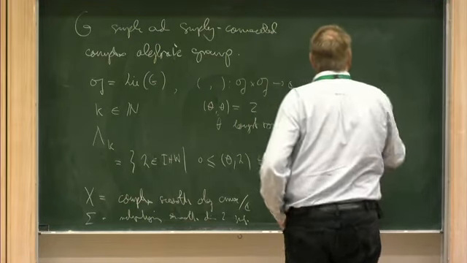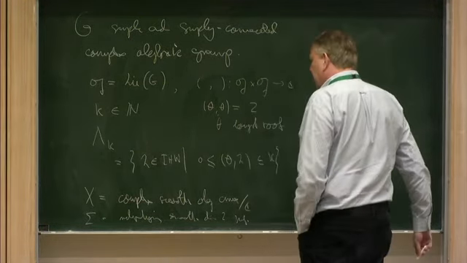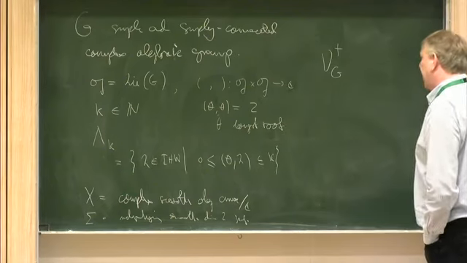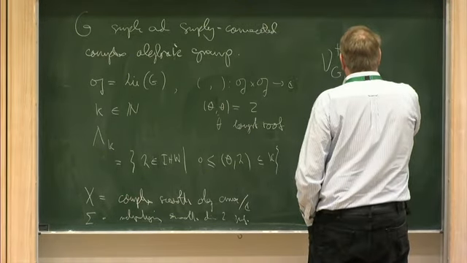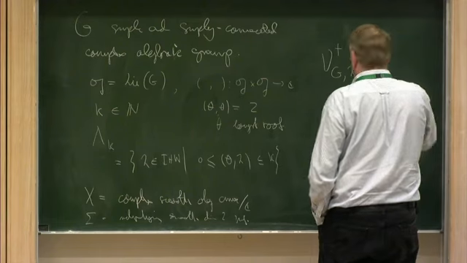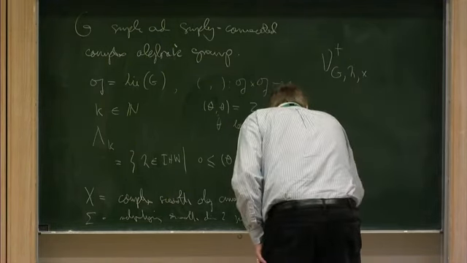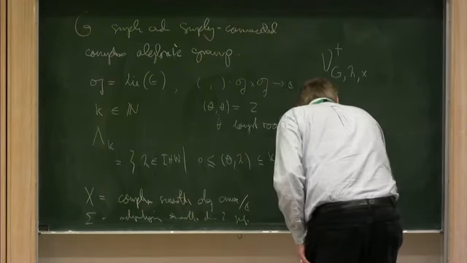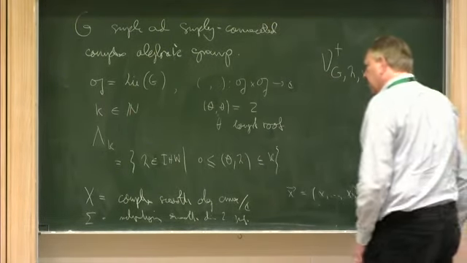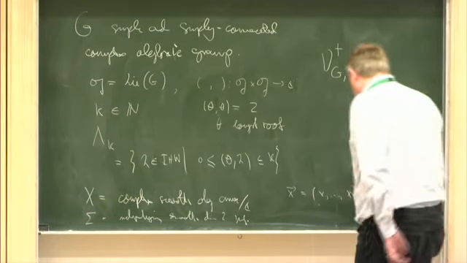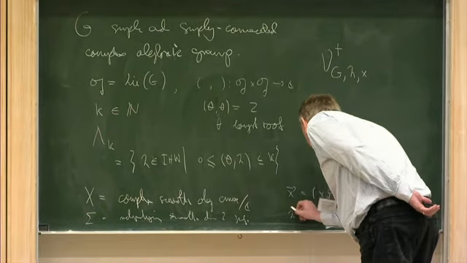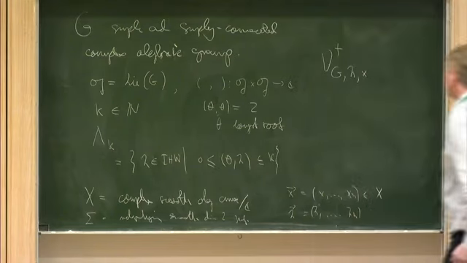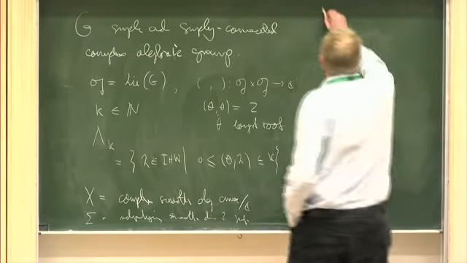We're using the Tsuchiya-Ueno-Yamada notation, V dagger sub G, comma lambda, comma x, and I need a little bit more: the vector x is simply x1 up to xn inside X, so n distinct points, and I'm going to pick lambda, which is a labeling of each of those points.